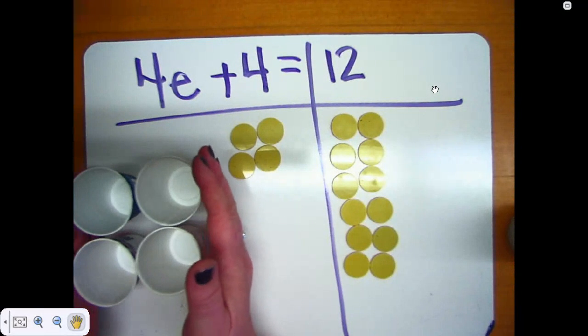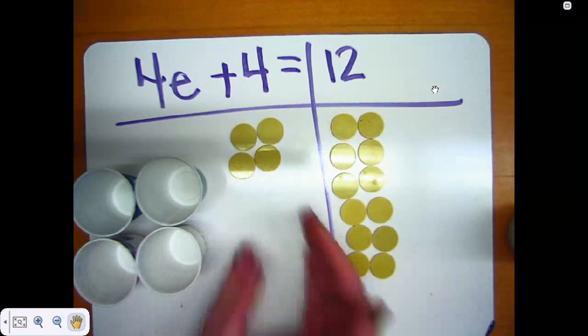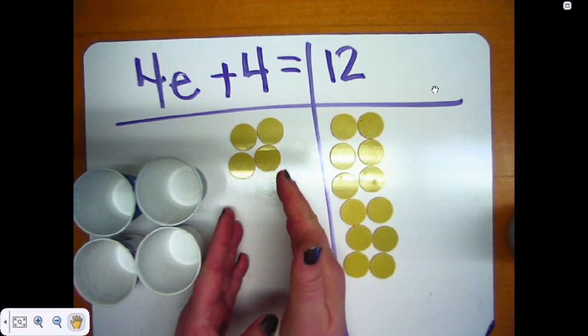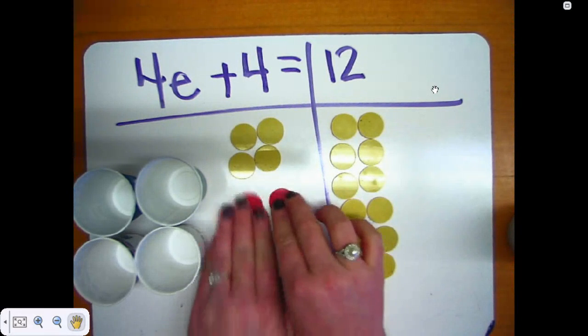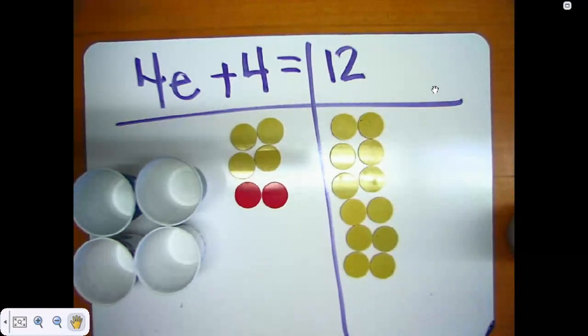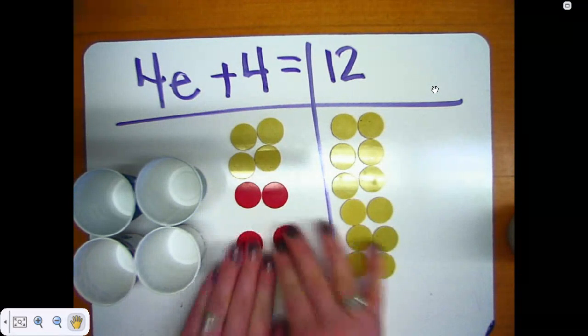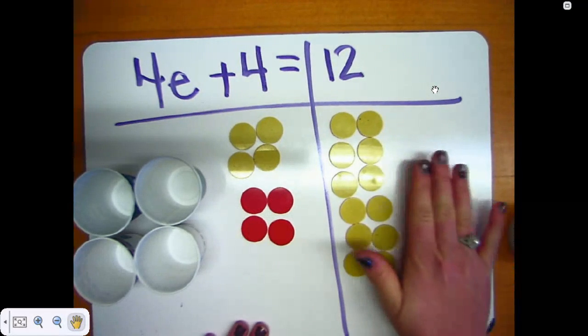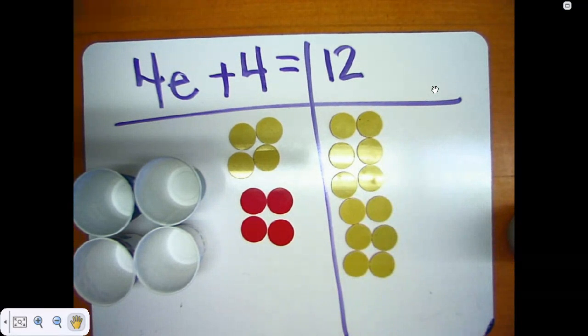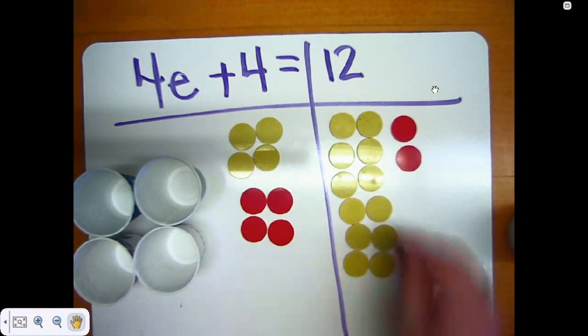I need to get my variables by themselves. So I'm going to put the additive inverse of positive 4, which is negative 4. Remember, additive inverse means to add the opposite. So I added negative 4 here, so I'm also going to add negative 4 here.